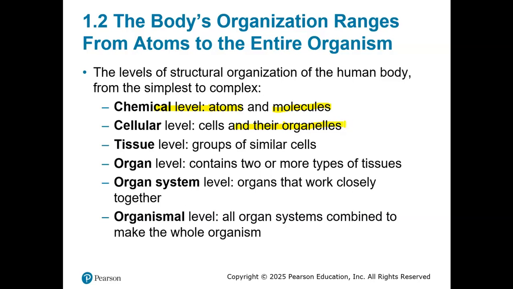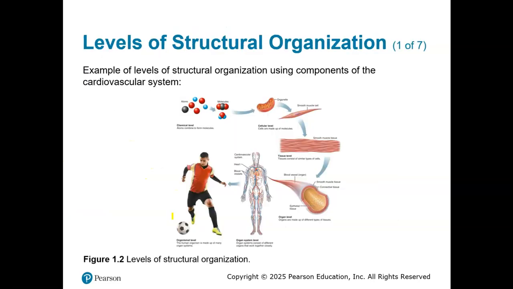So organelles would come next, and then all the organelles surrounded by the plasma membrane would be a cell. So we have atoms, molecules, organelles, cells, and then groups of cells form tissues, groups of tissues form an organ, and then groups of organs form an organ system. And then all the organ systems together form the organism, which is the human.